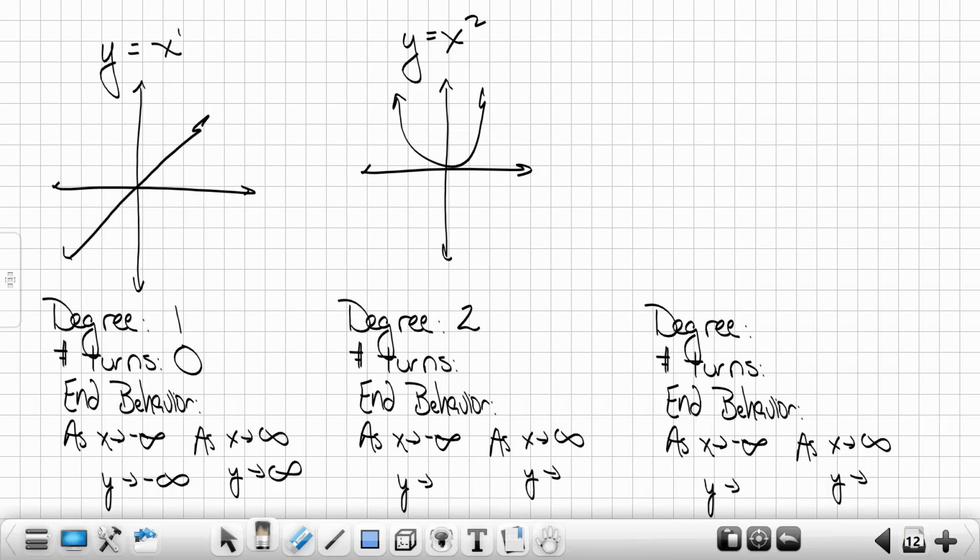It's turned once. All right, end behavior. As x approaches negative infinity, y approaches positive infinity. As x approaches infinity, y approaches positive infinity. As I go left, I go up. As I go right, I go up.